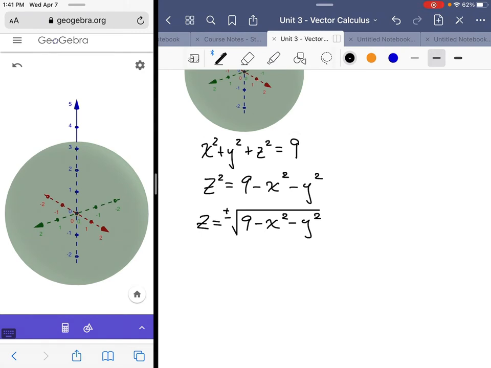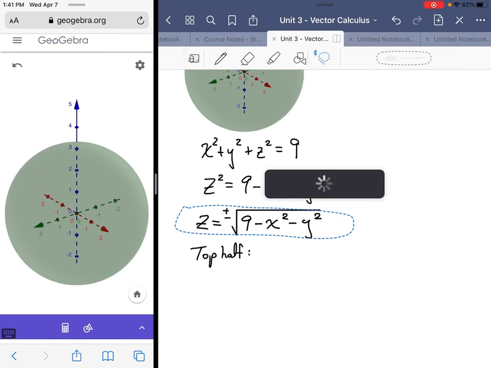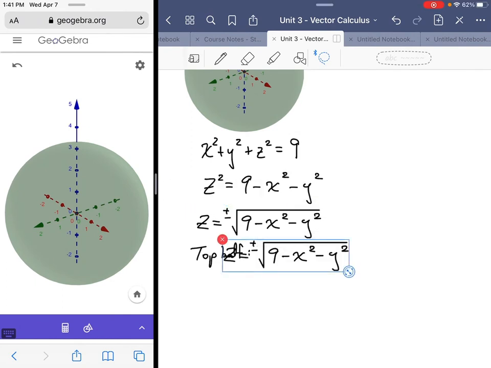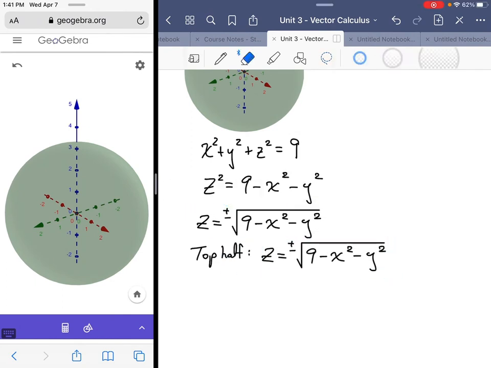So if I find the volume of the top half of the sphere, then all I have to do is double it. That allows me to work with just the top half, take this whole equation, and just drop the plus or minus.